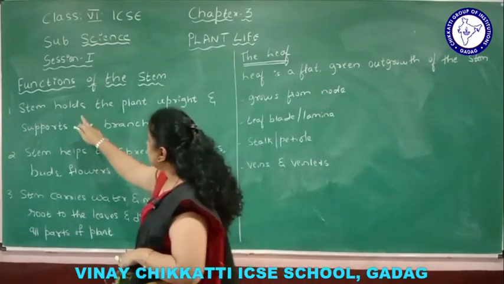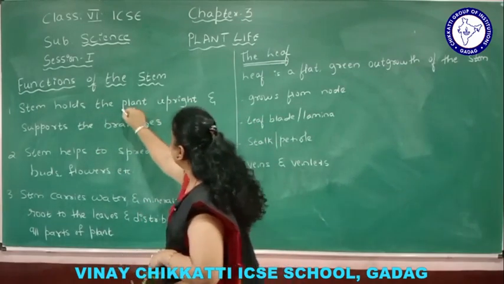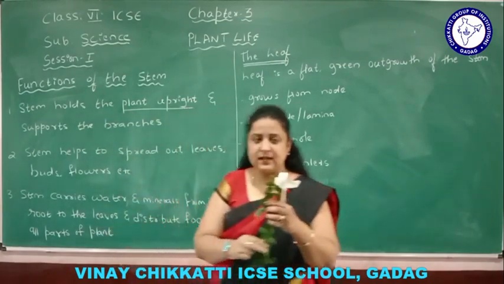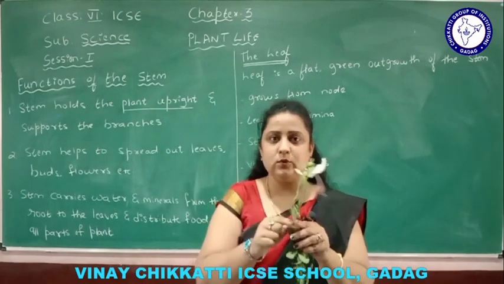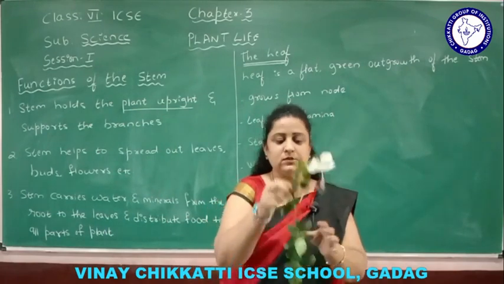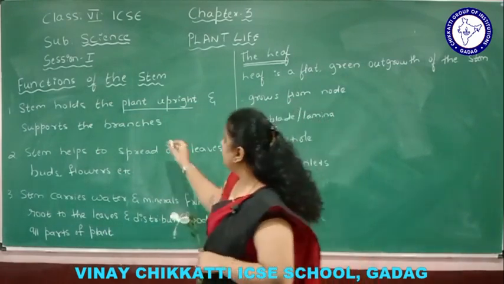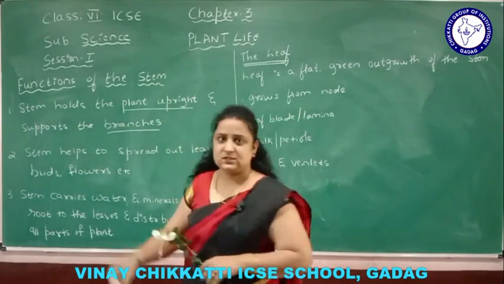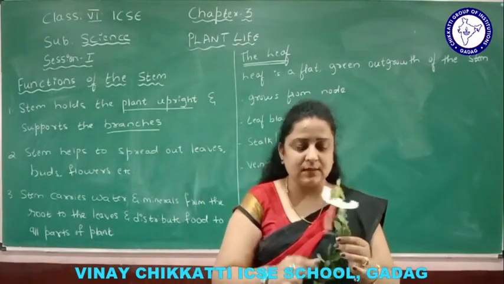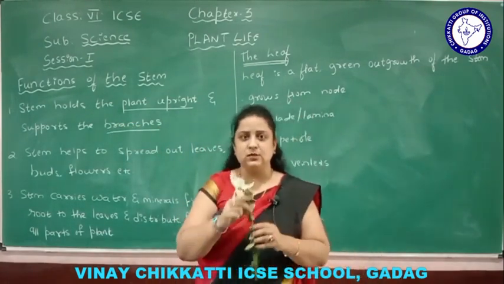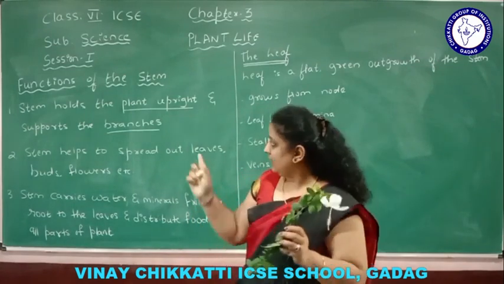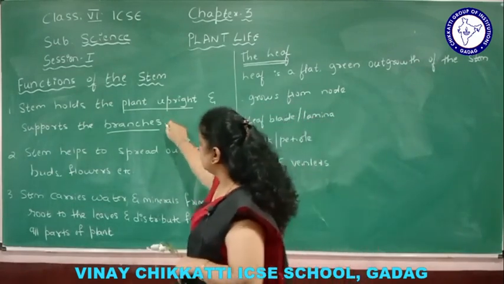First one, stem holds the plant upright. As you can see, this plant, as I already showed you the stem, it is holding the plant upright and supports the branches. It is one of the functions of the stem to give rise to branches. It holds the plant upright and supports the branches.